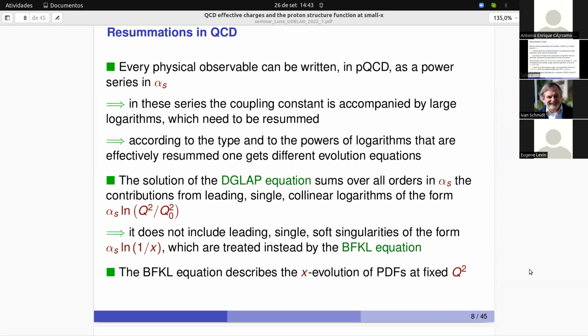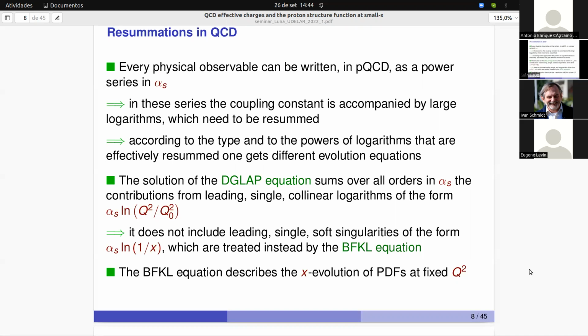But there are basically two kinds of logarithm that appear in this kind of series. One kind is when I have the coupling times the logarithm in terms of Q square, the scale, for example the momentum transfer square.